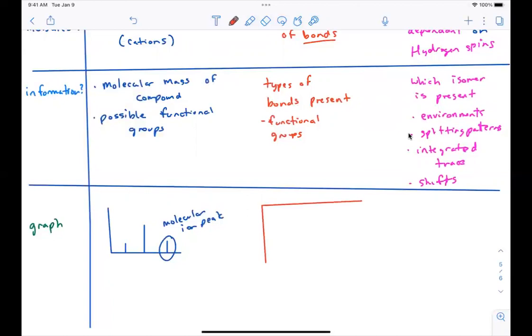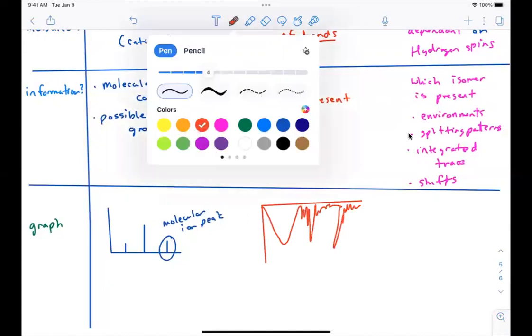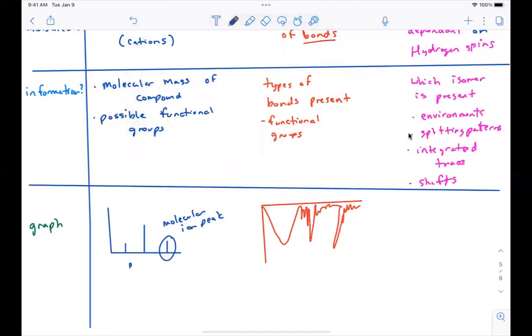For IR spectroscopy, you're going to see something like this. Oh, you know what? Let me label this as well, because I guess you should know the labels for this. So this is mass or m/z, and this is abundance.